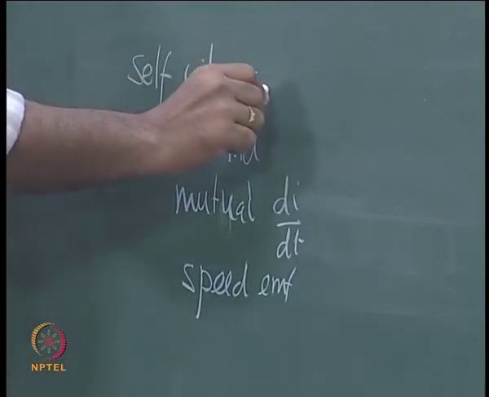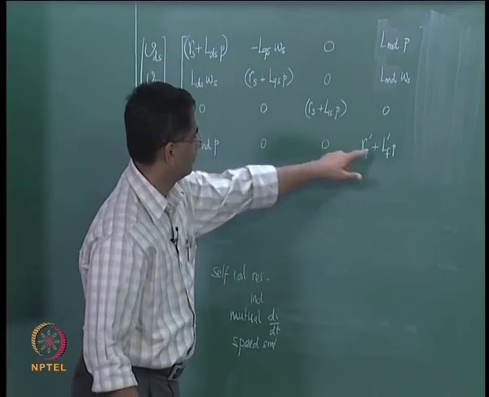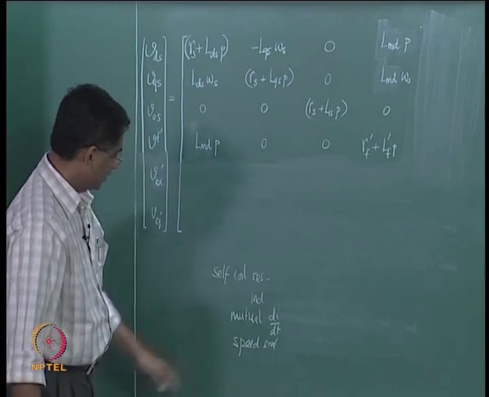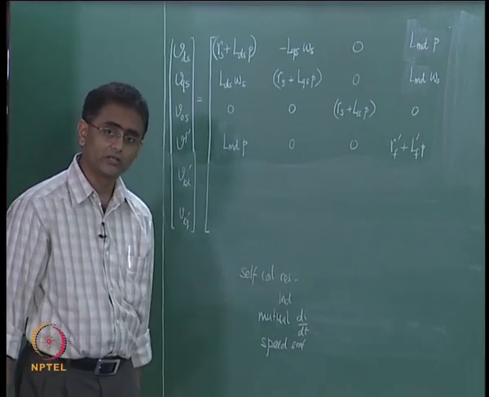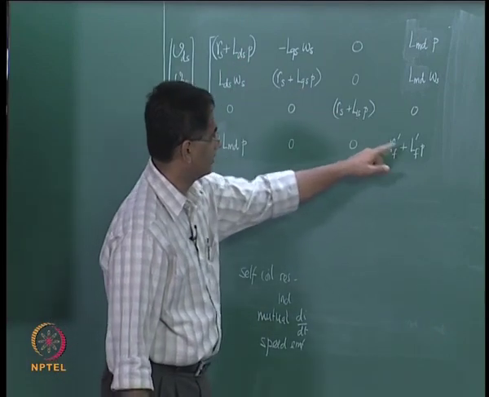Now self coil resistance terms are bound to be there, and they will always occur along the diagonal like this. Self coil inductance terms will always be there, they will also occur along the diagonal in this manner.